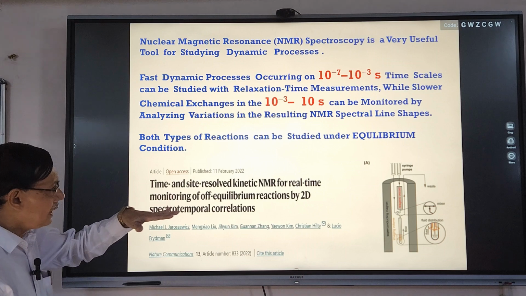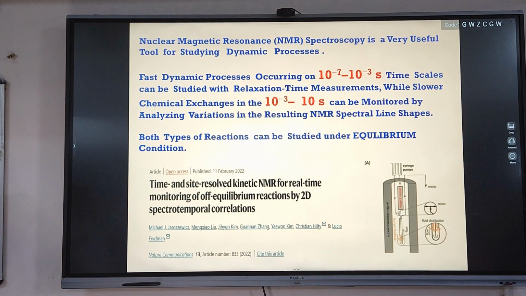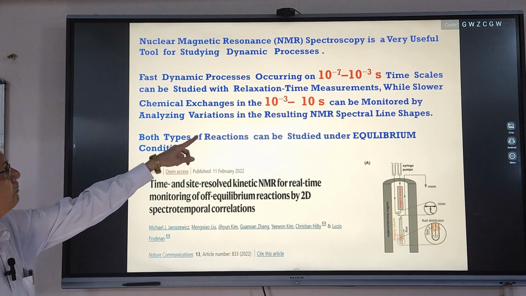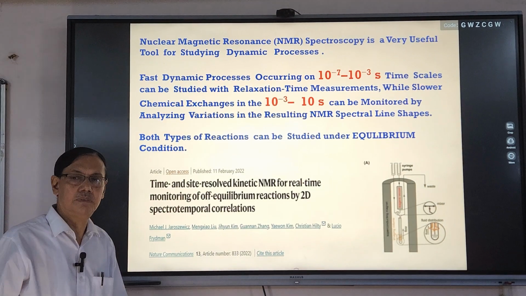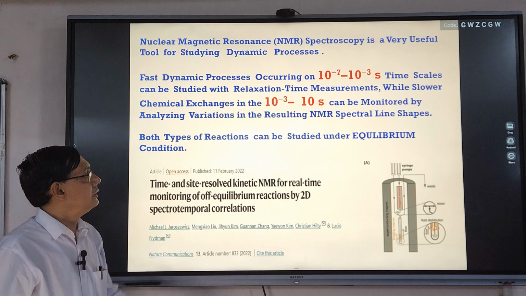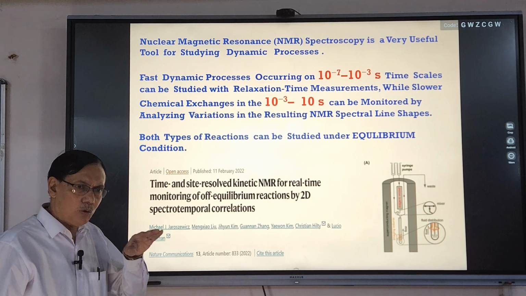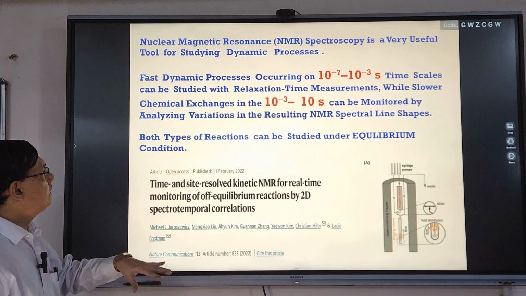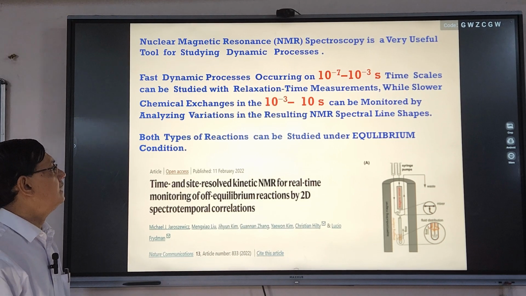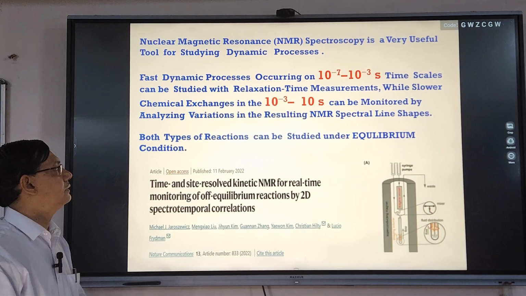But if the reaction is slightly slower, say for example, if the half-life is 10 seconds, or even 10 to the power minus 3 seconds, that can also be monitored by analyzing the variations in the resulting NMR spectral line.